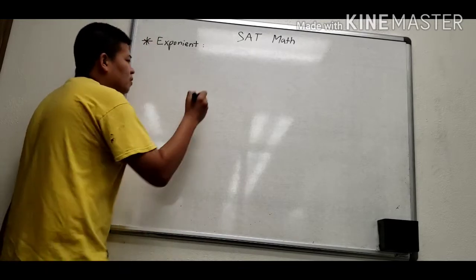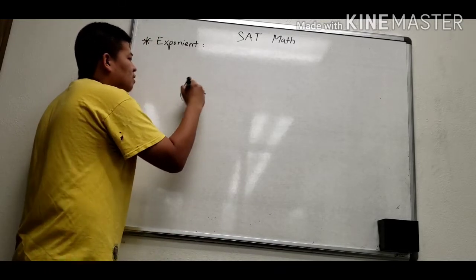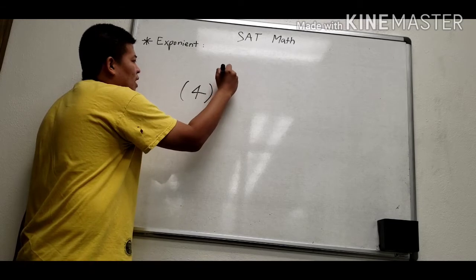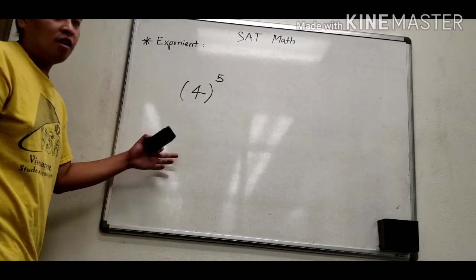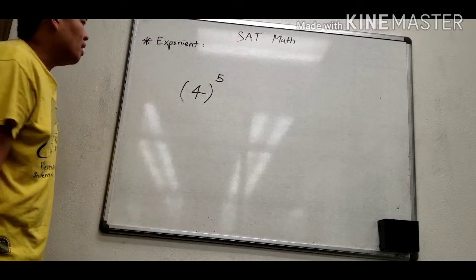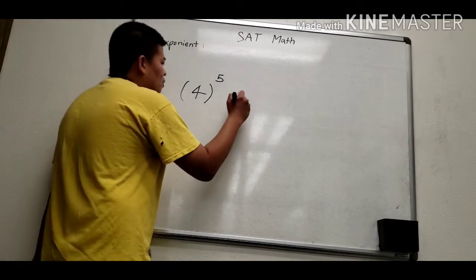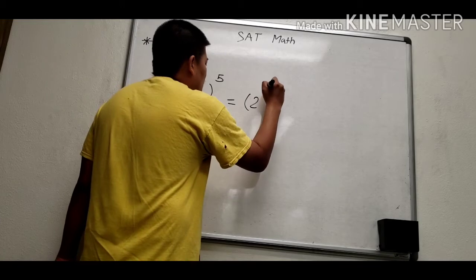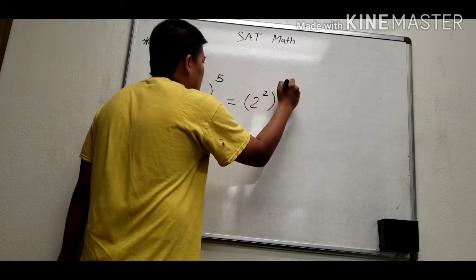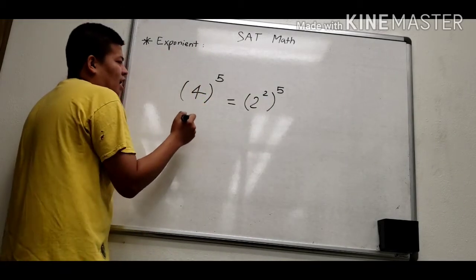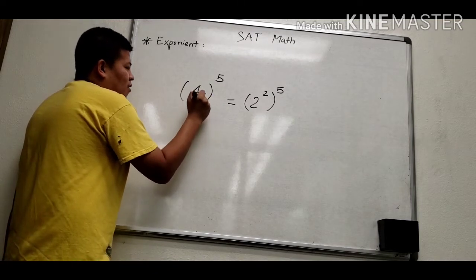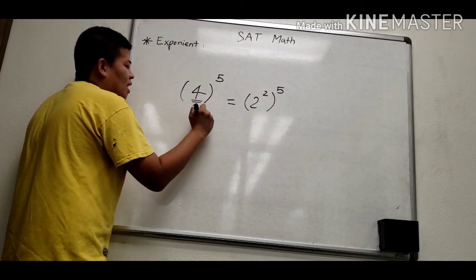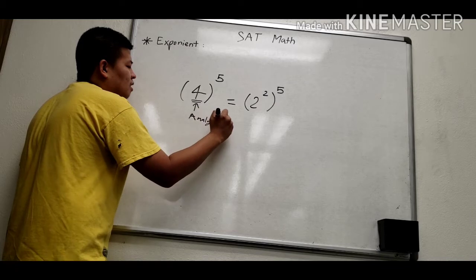For example, you have number 4, you have number 5. This is an example to illustrate the exponent. Number 4, you can analyze it as 2 power 2, and number 5. This way is to analyze the number.